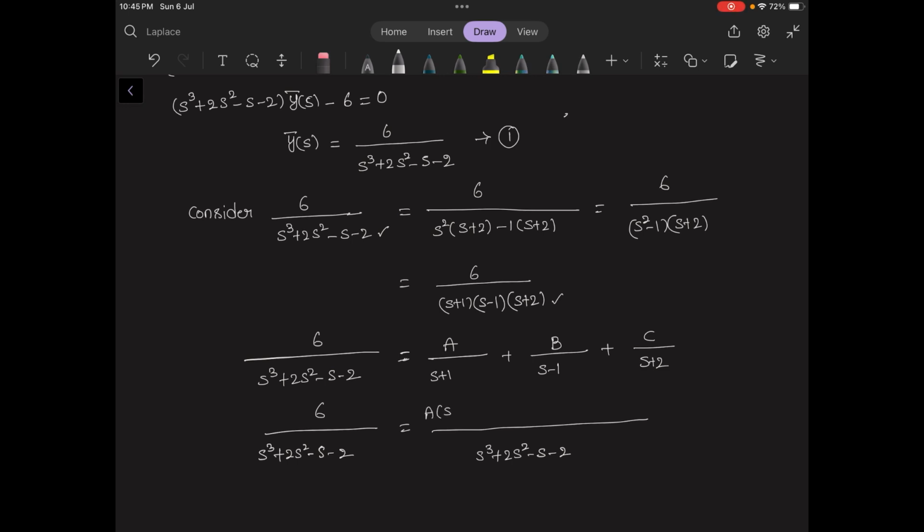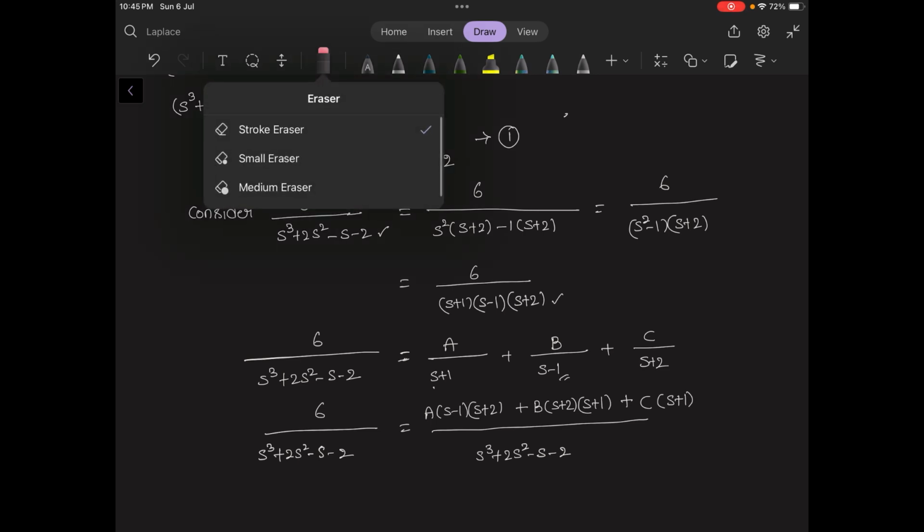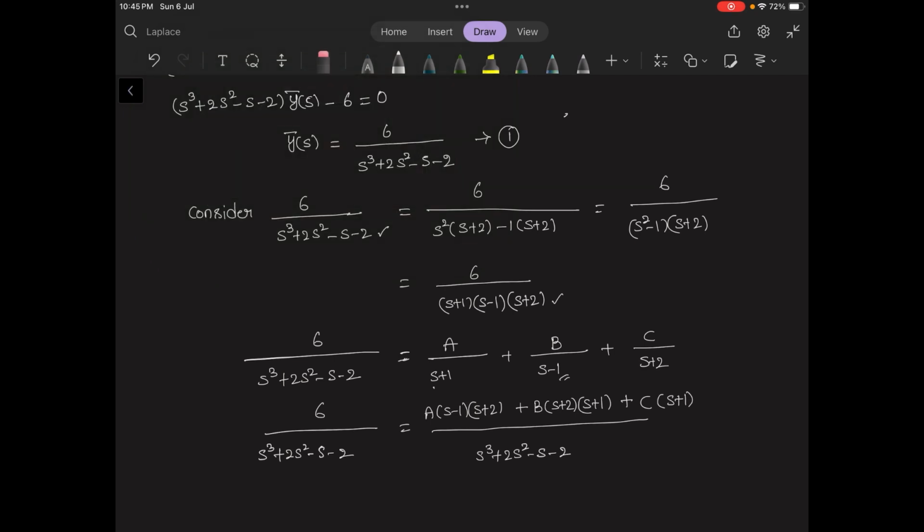A into s minus 1 into s plus 2, skipping its own factor, plus b into s plus 2 into s plus 1, plus c into s plus 1 into s minus 1.